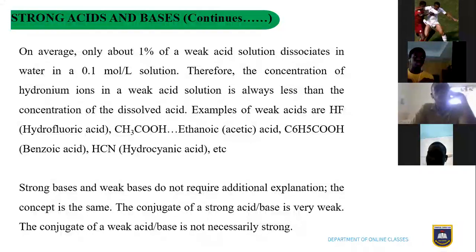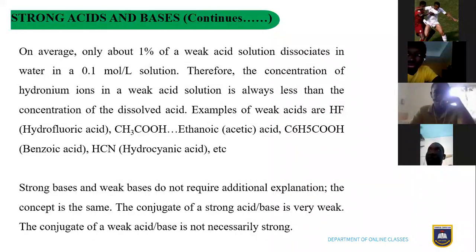Now, strong bases and weak bases do not require additional explanation, do they? No, the concept is the same. Strong bases will ionize completely in aqueous solution, whereas weak bases will ionize partially, just like for the acids.